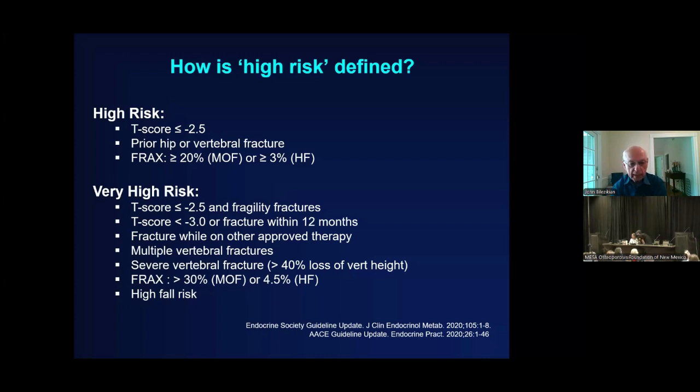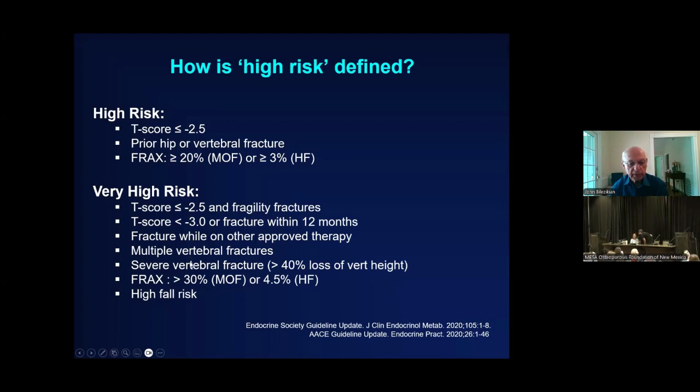Very high risk adds to this list those who have T-score and fragility fractures, those who have even a lower T-score or a fracture within 12 months. Some of us believe that if you've had a fracture while on approved therapy, you suddenly become at very high risk.